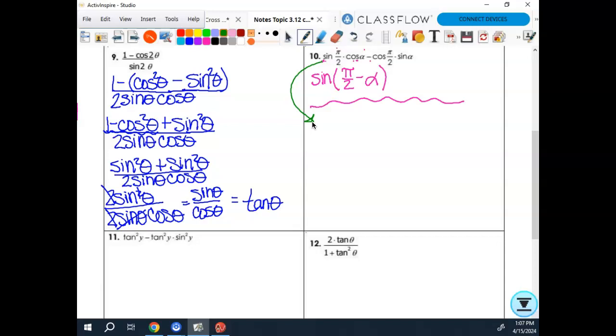So what is the sine of pi halves? 1. So this is going to be 1 times cosine alpha minus, what's the cosine of pi halves? 0. So that's 0 times sine alpha. Then when I simplify that, 1 times cosine is just cosine. And then 0 times sine is 0, so that's my answer.